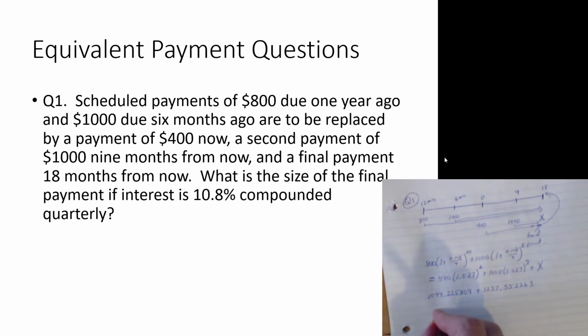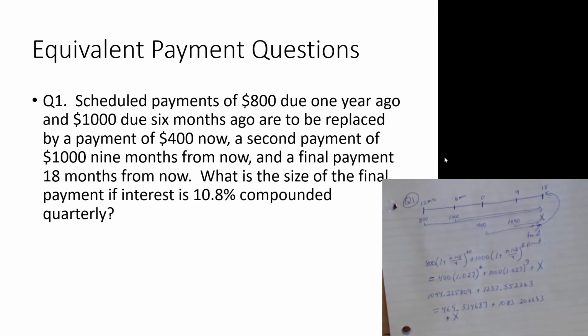And that is balanced out or equal to the future value of the $400 payment, which is a little over $469. Plus the future value of that other $1,000 payment, that $1,000 payment in the proposed structure. And then plus X, which marks the spot.